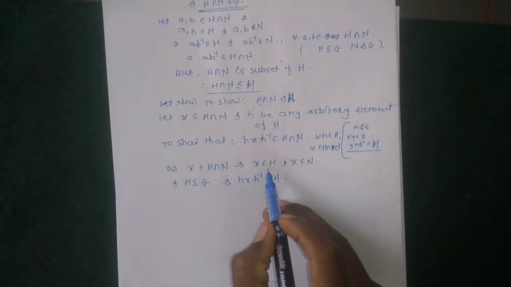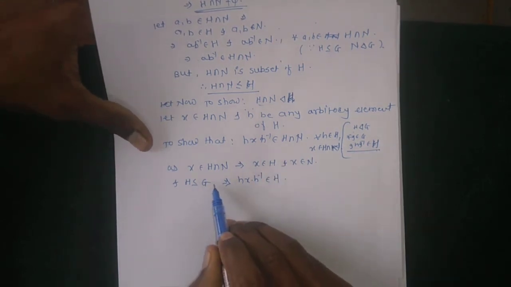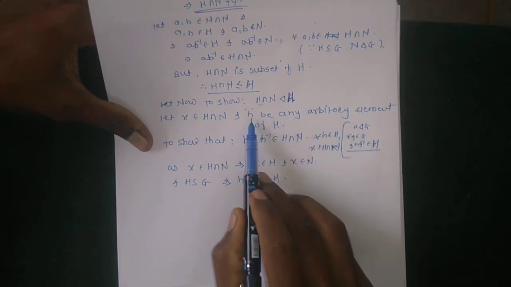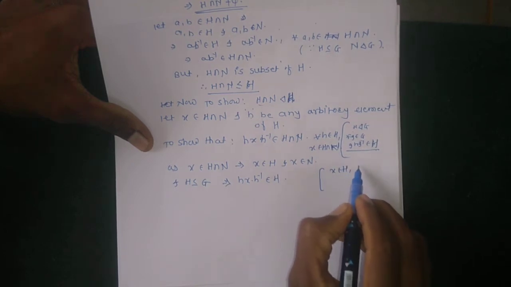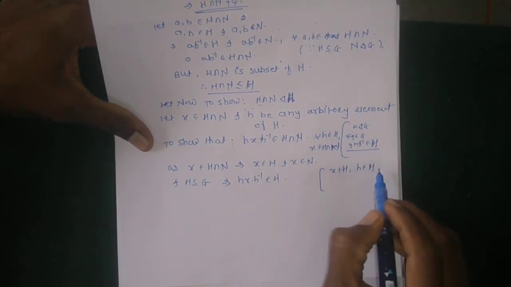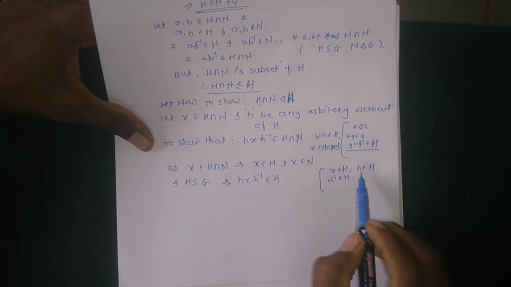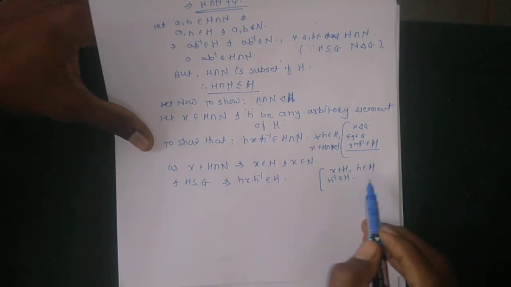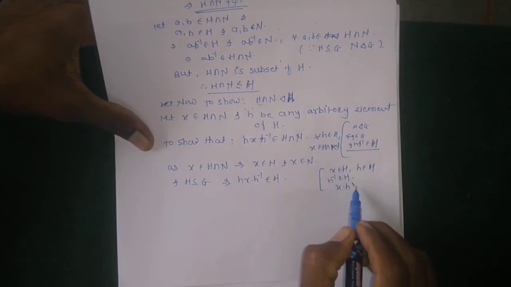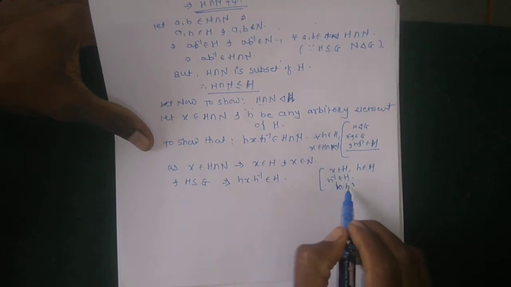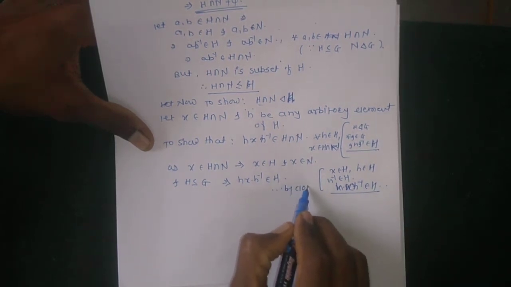Because x belongs to H, h belongs to H and H is a subgroup. Since h belongs to H and H is a subgroup, h inverse also belongs to H. By the closure property, their multiplication must belong to H.